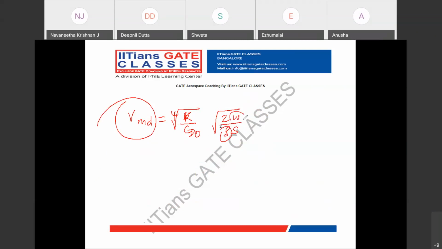It also depends upon my parasite drag coefficient, induced drag coefficient and wing area. So my lift coefficient for minimum drag is nothing but root of CD naught by K.